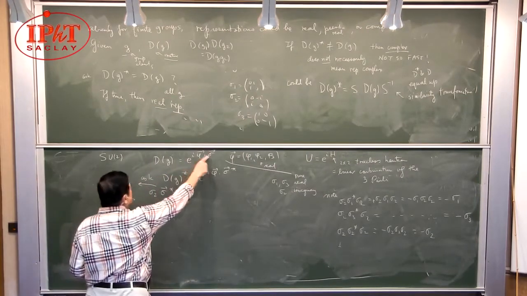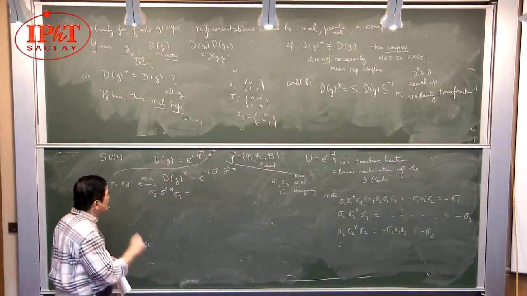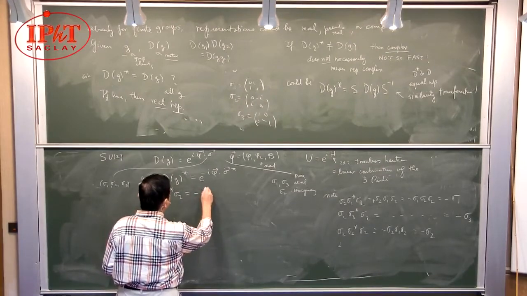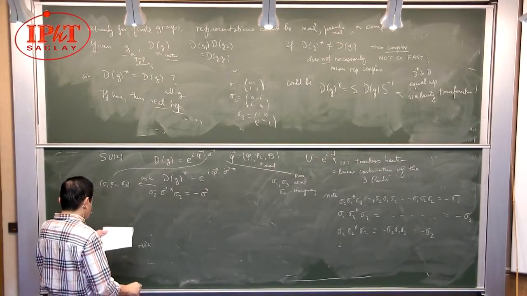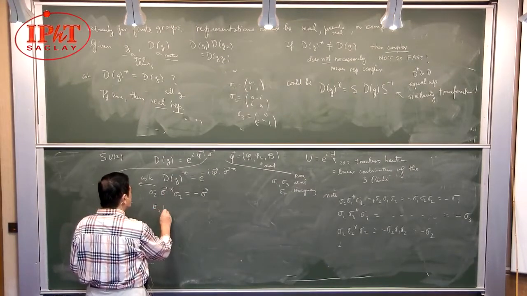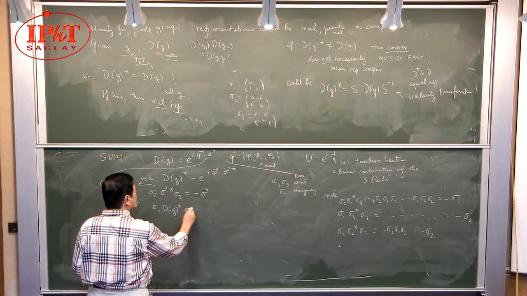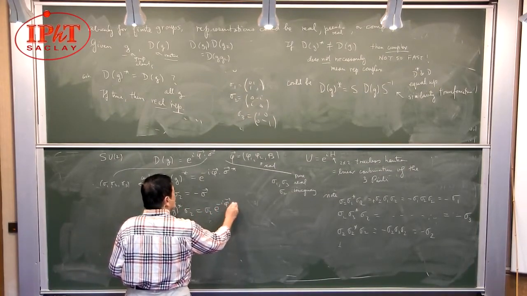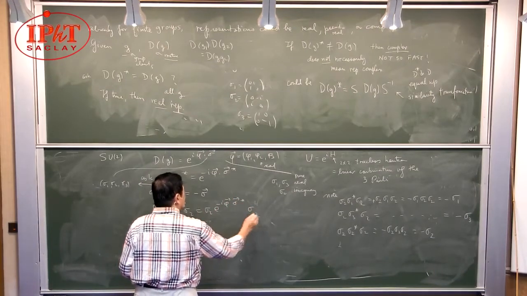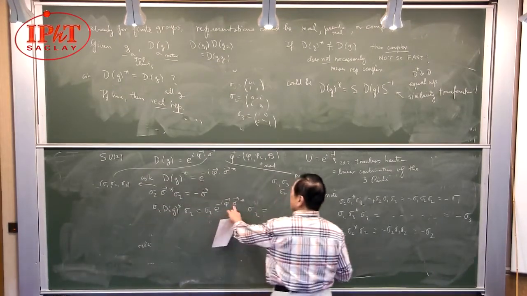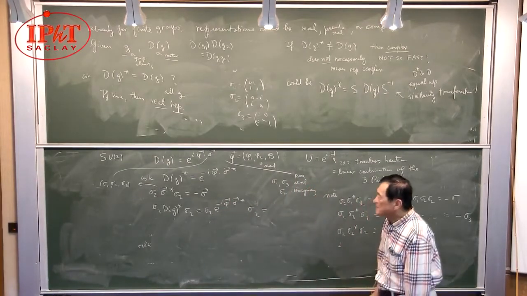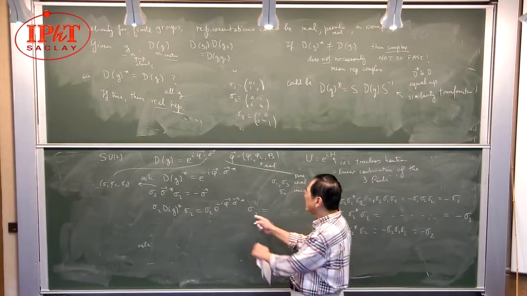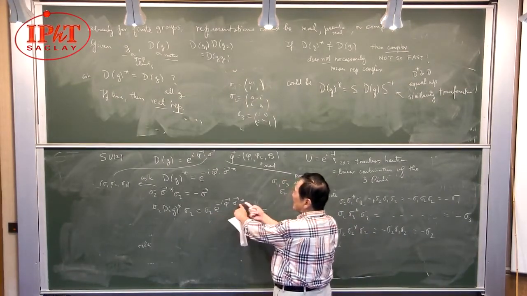Therefore, sigma 2 D of g star sigma 2 is sigma 2 e to the minus i phi dot sigma star sigma 2. If you expand the exponential in a power series, term by term, sigma 2 changes sigma star into minus sigma.